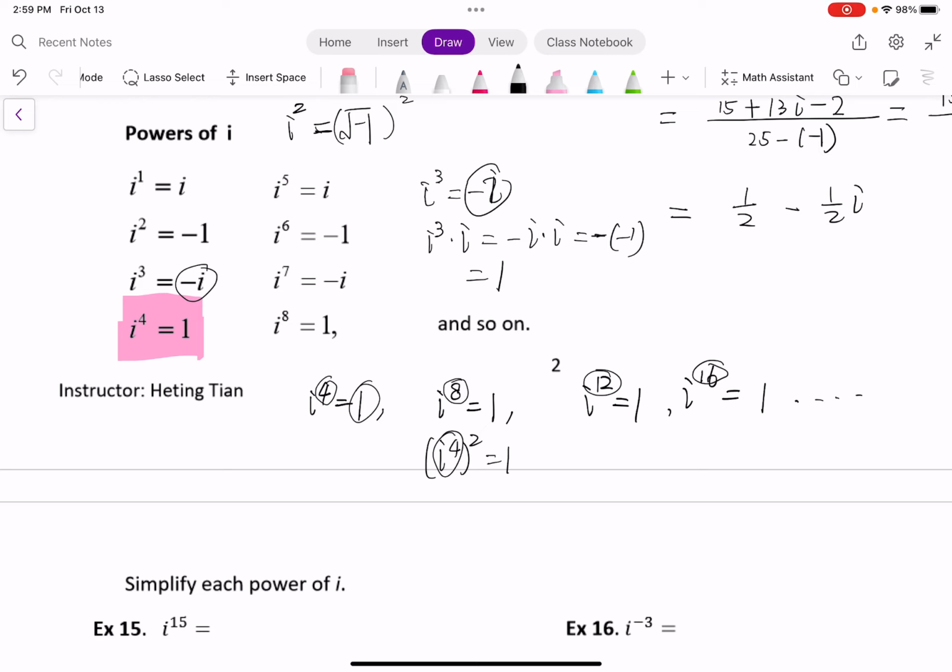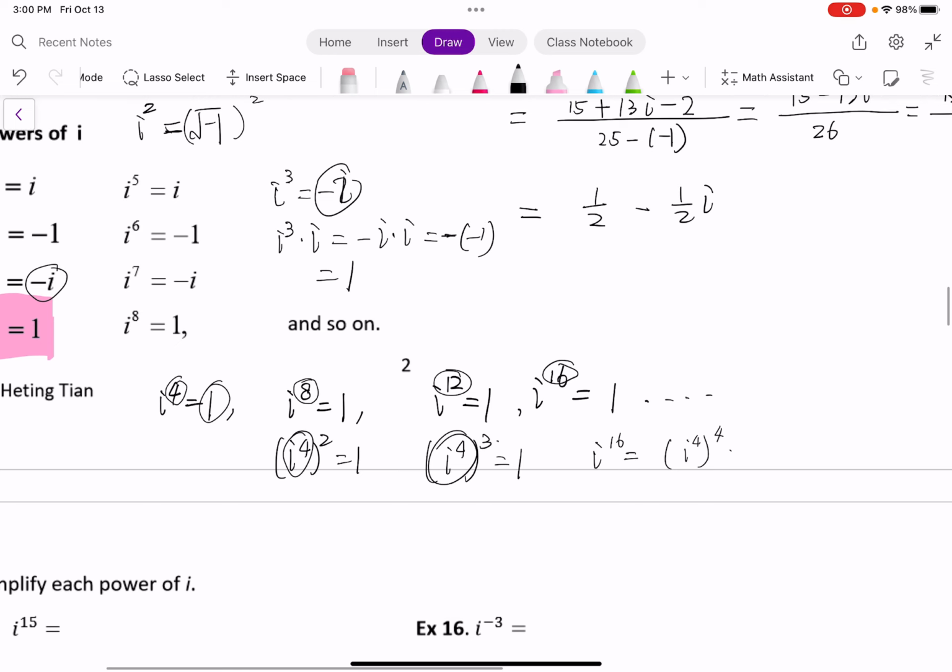i to the 12th is i to the 4th, then cube it. So this part is 1. 1 cubed, it is 1. i to the 16 is i to the 4th, and then to the 4th. It is 1 to the 4th. It is 1.